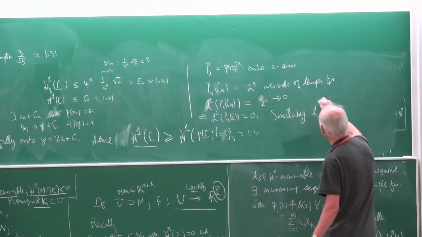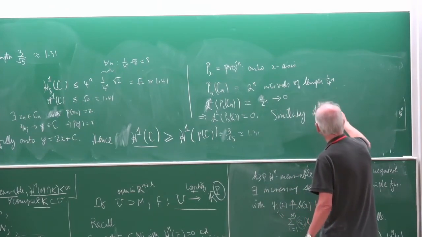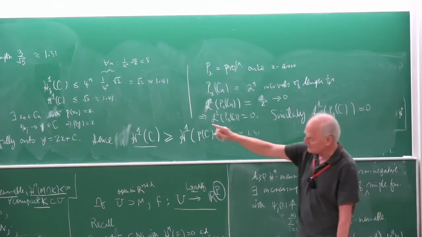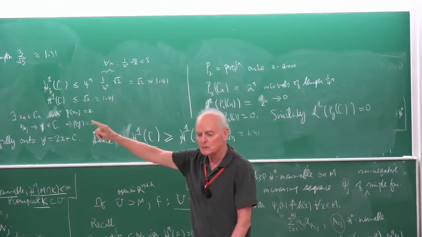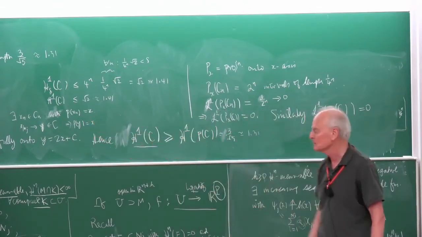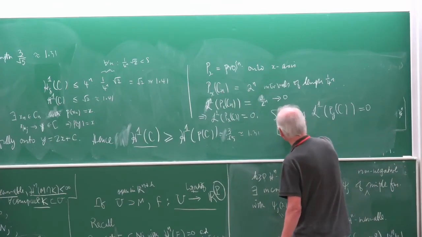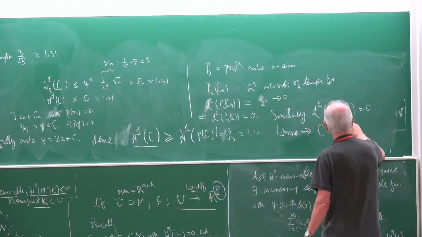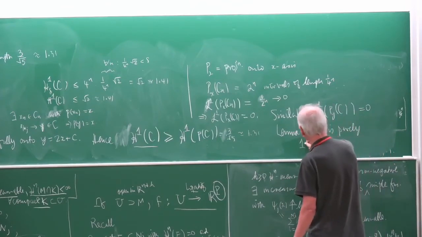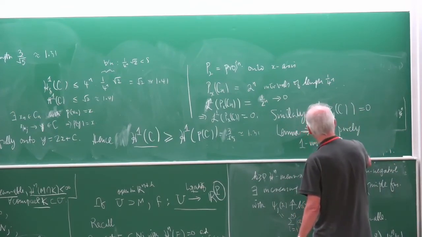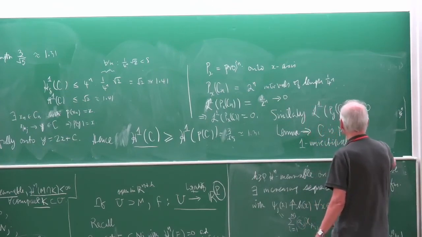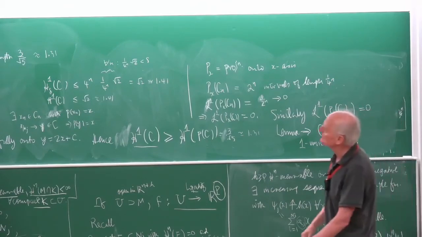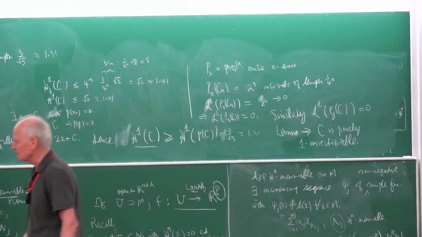Similarly, L1 of the orthogonal projection onto the y-axis is equal to 0. So by this lemma, C is purely one unrectifiable. Yeah, so that's good. That's an example of how to use that theorem.